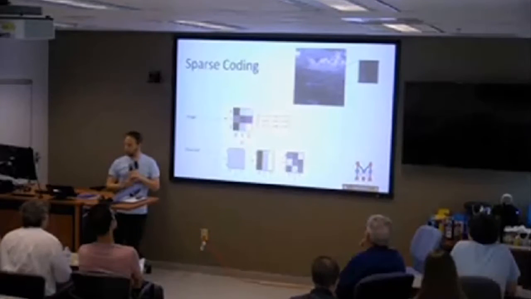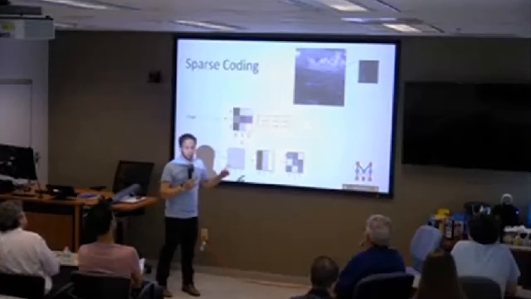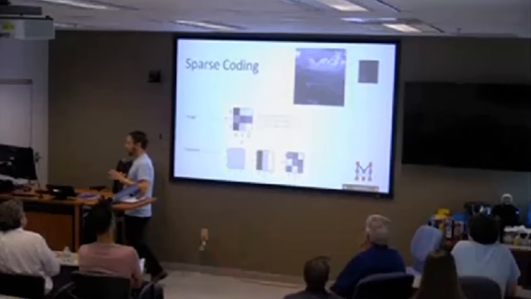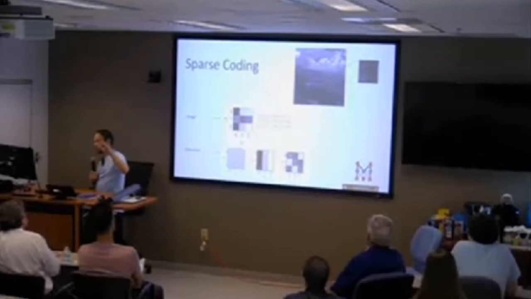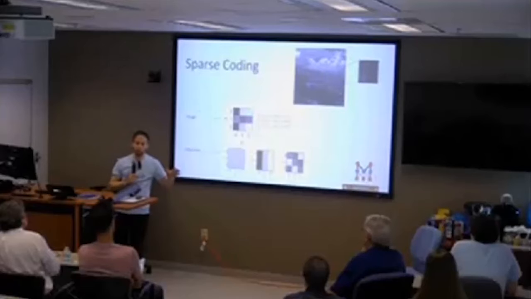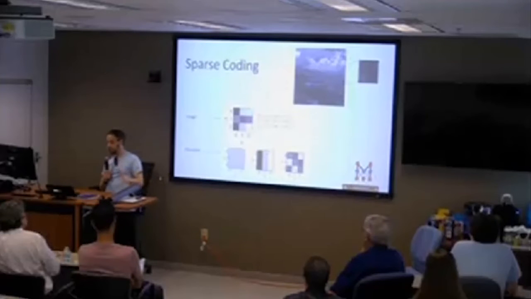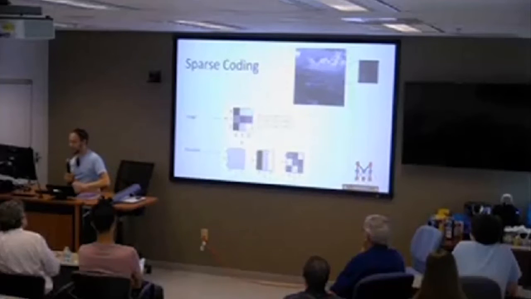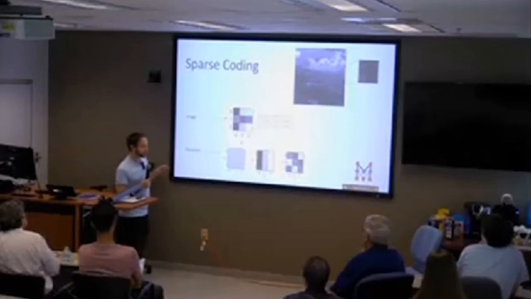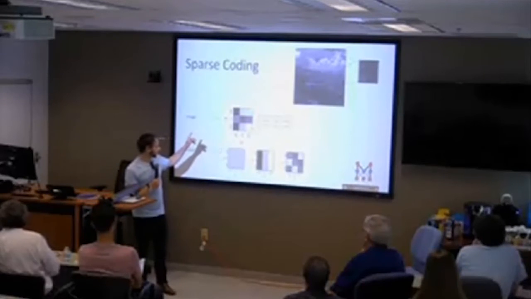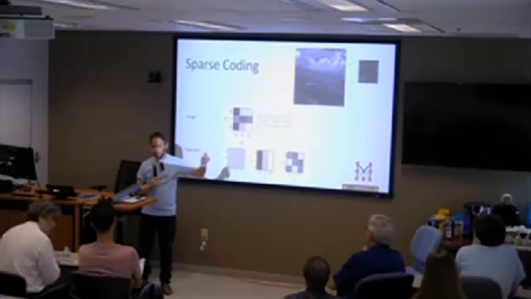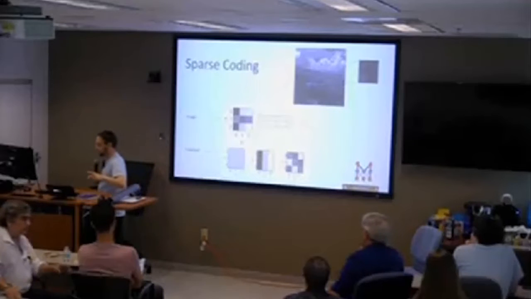So, a quick idea of sparse coding: this idea of sparse coding in the brain can be ported over to a computational model. What you can do is ask a computational model to keep things sparse. This is based on work by Field and Olshausen, which changed my life.